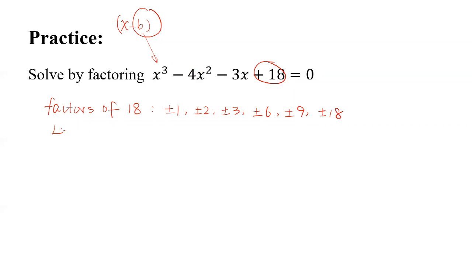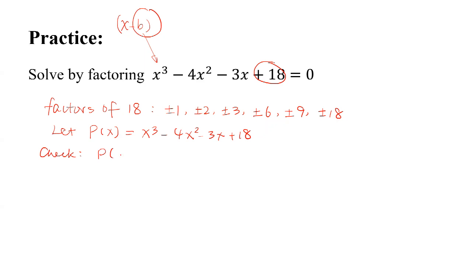And then if we let P(x) be the expression on the left, we can just check P of positive or negative 1, or positive or negative 2, etc., right? So we need to check.